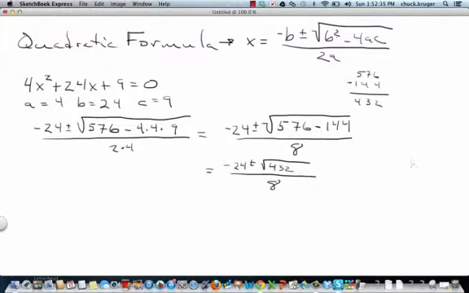Now I know there's a perfect square in 432. It's 4, because 4 goes into 432 108 times, and so there's another 4 that goes in there, so I think 16 goes into 432.